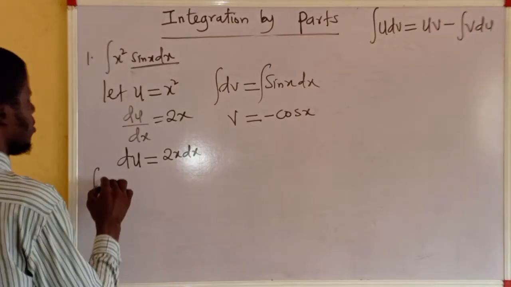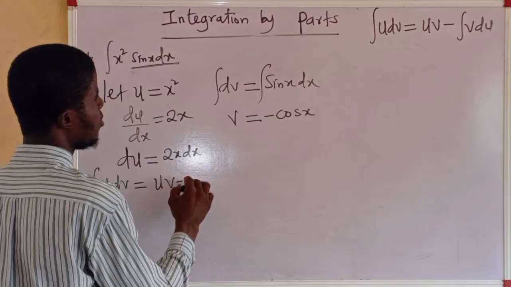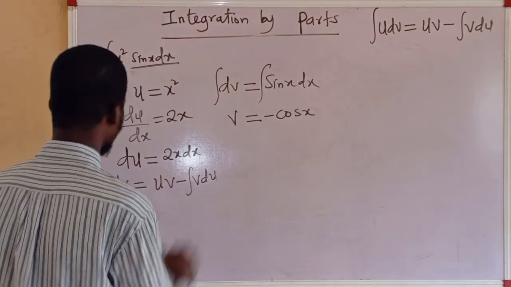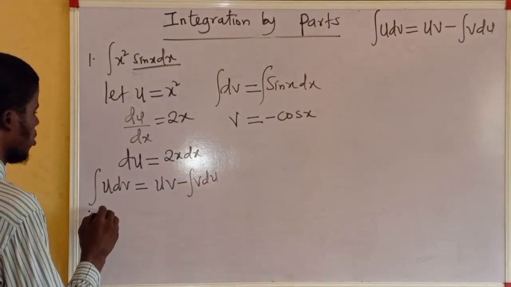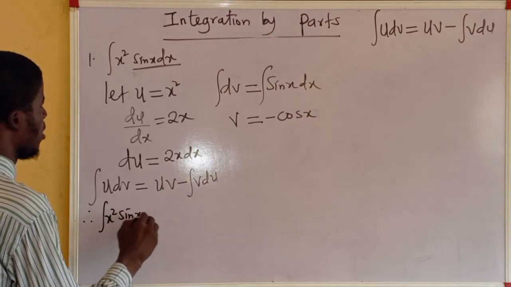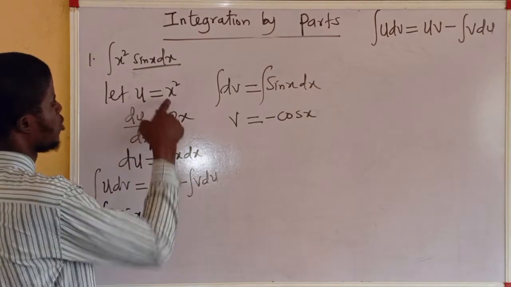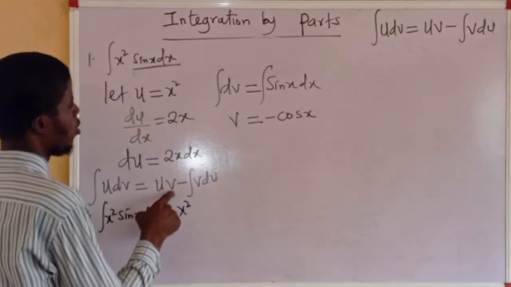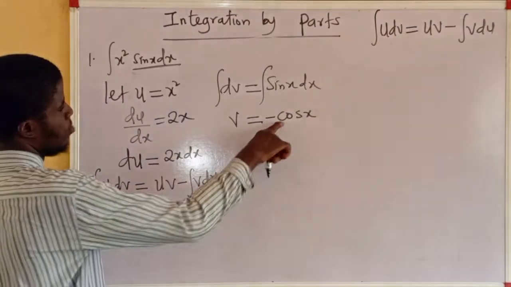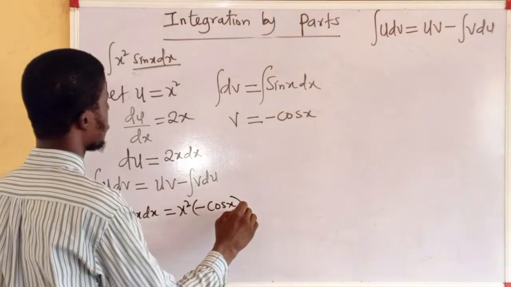The integral of u dv is equal to uv minus the integral of v du. So therefore, the integral of x squared sine x dx is equal to: u is what? x squared, plus v minus cos x.